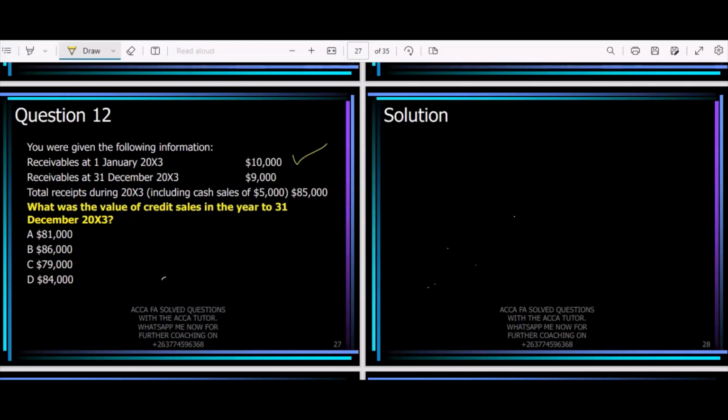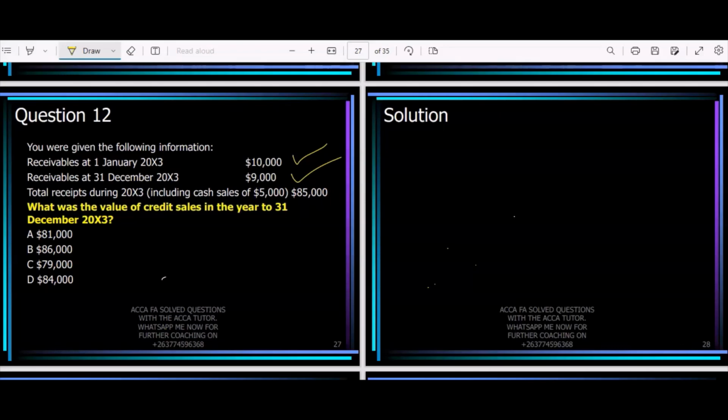Receivables at 31st December 2023 were $9,000, and these are closing receivables. Total receipts during 2023, including cash sales of $5,000, were $85,000. What was the value of credit sales in the year to 31 December 2023?